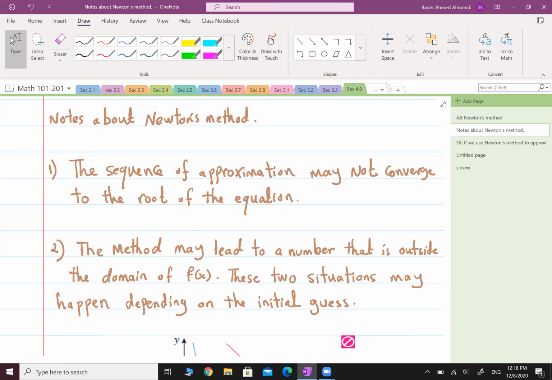I will say the first one: this method, which is called the Newton method, depends heavily on building a sequence of points, x1, x2, x3, x4, xn, and we hope that these points are approaching. The limit of these points will go to that number R we are looking for. That is the first one.